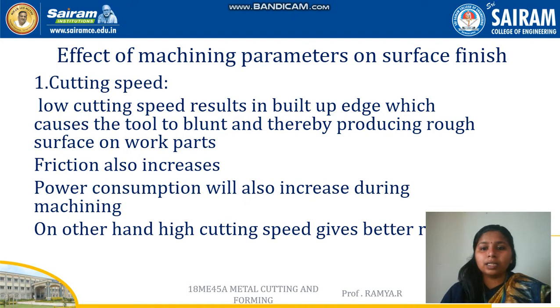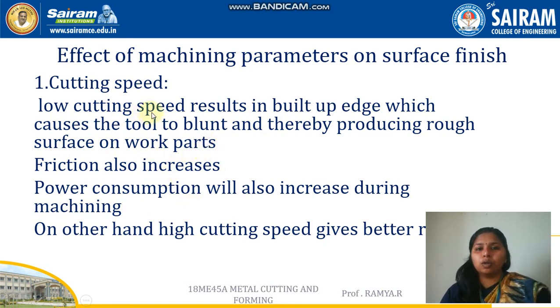The first one is cutting speed. The machining parameters are cutting speed, feed and depth, and these three factors influence tool life, tool failure, surface finish, everything. Low cutting speed results in built up edge, which causes the tool to be blunt and thereby produces a rough surface on work parts.